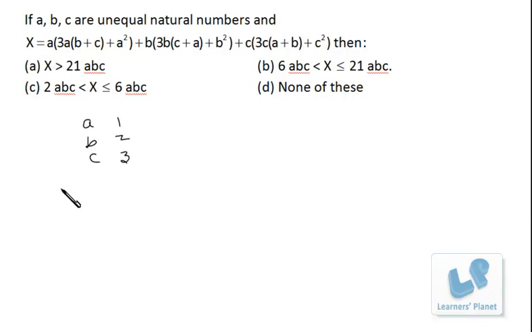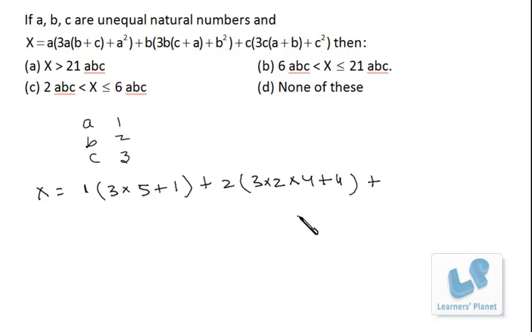Okay, so x is equal to, suppose I take this option as the first case. a is 1, b is 2, c is 3. So 3 into (b plus c) is 5, plus a square is 1, plus b is 2, 3 into (c plus a) is 4, plus b square, that is 4, plus c is 3, then 3c, that is 3 into 3, 9, into (a plus b), that is 3, plus c square, that is 9.